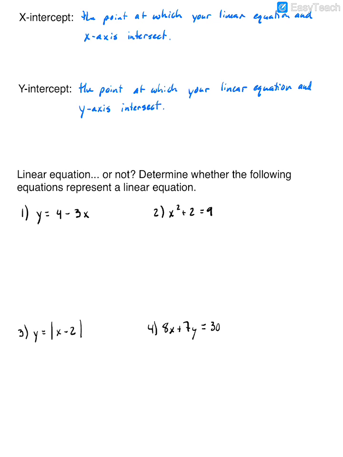Okay, so now from there we want to be able to determine whether something is linear or not linear. So there are a couple examples here at the bottom that we'd like to use to help us determine that. Now, what do you think we need to be looking for? Okay, in your problems or your equations, you want no exponents. You want no square roots.